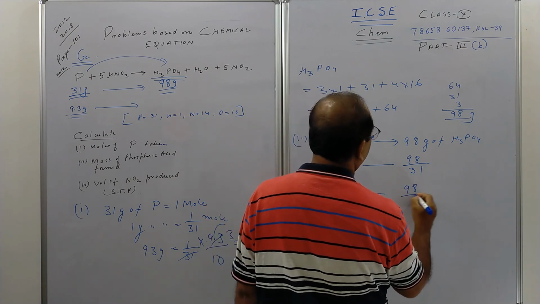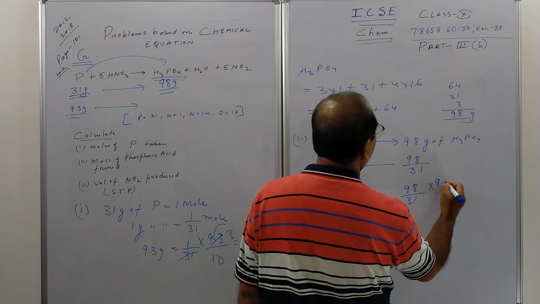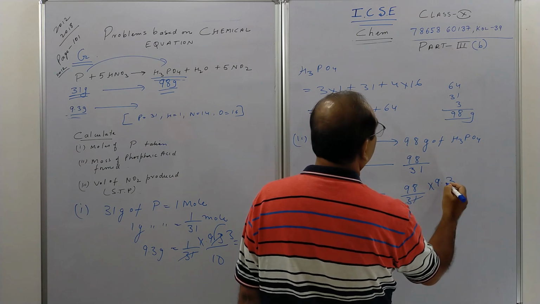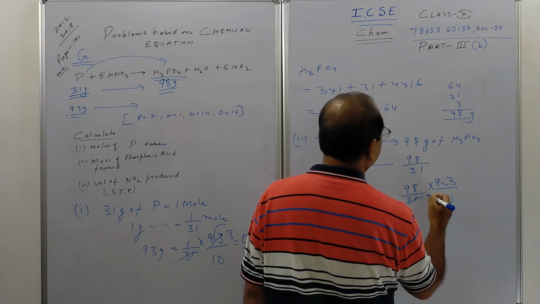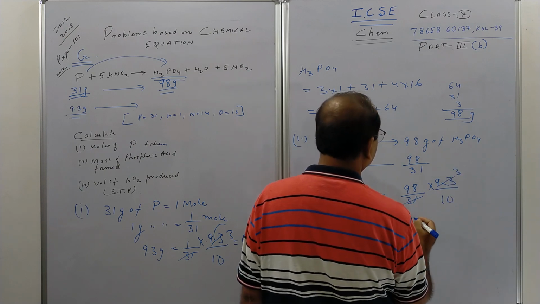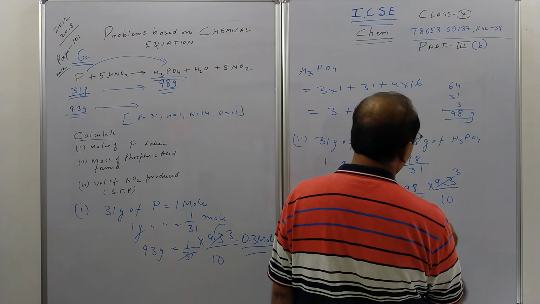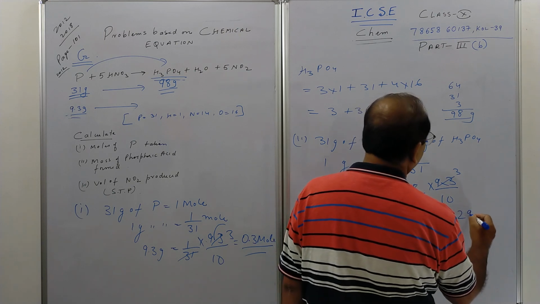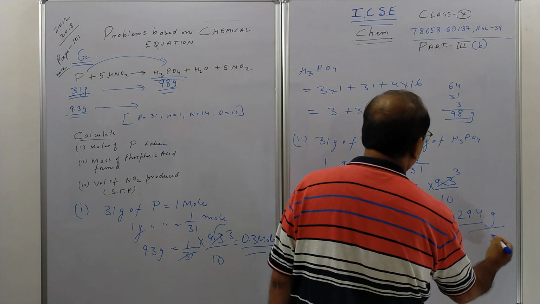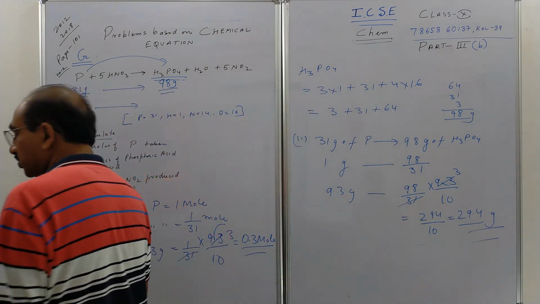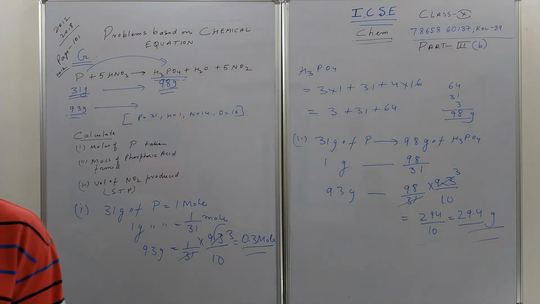So I'll get 98 by 31 into 9.3. So this will go, 10 will come, decimal 3s are. So we get 98 into 3 is 294 by 10. 29.4 gram of phosphoric acid will be formed by 9.3 gram of phosphorus.